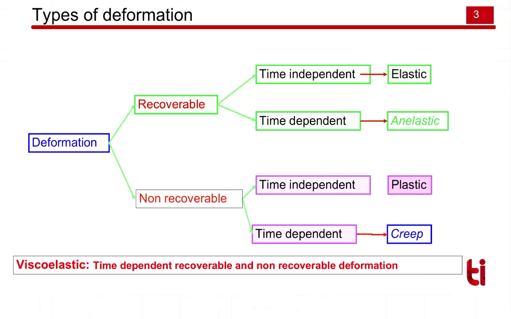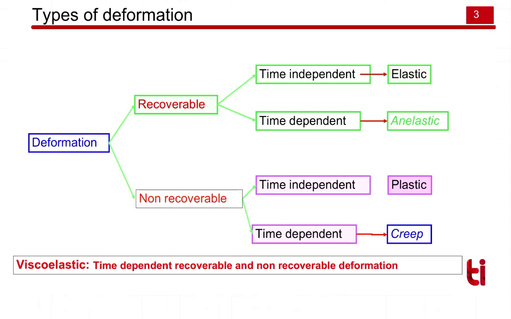For anelastic, for example, if you are sitting on a couch, the moment you get up, there will be some kind of impression on that couch. But after some time, you will see that the couch has recovered to its original shape. That recovery happened in due course of time, so we call it anelastic deformation.